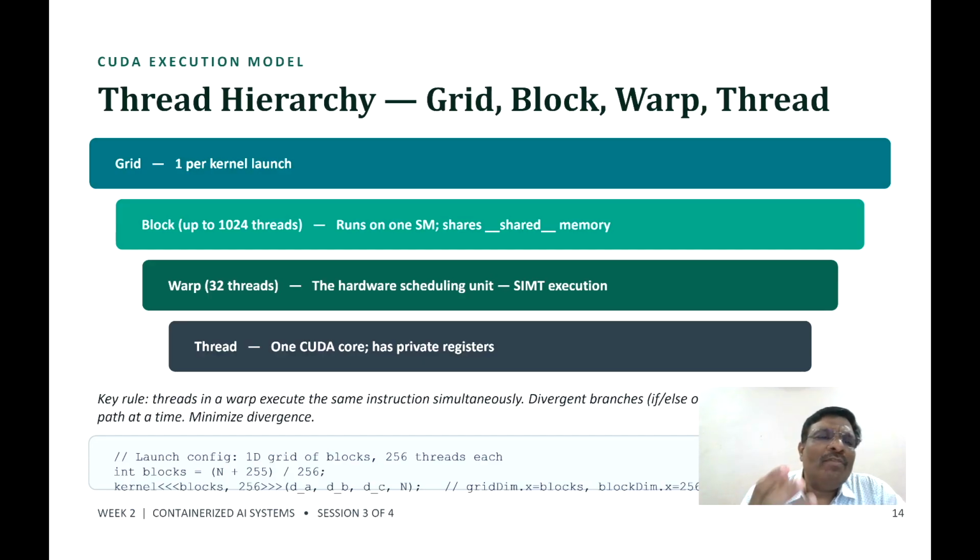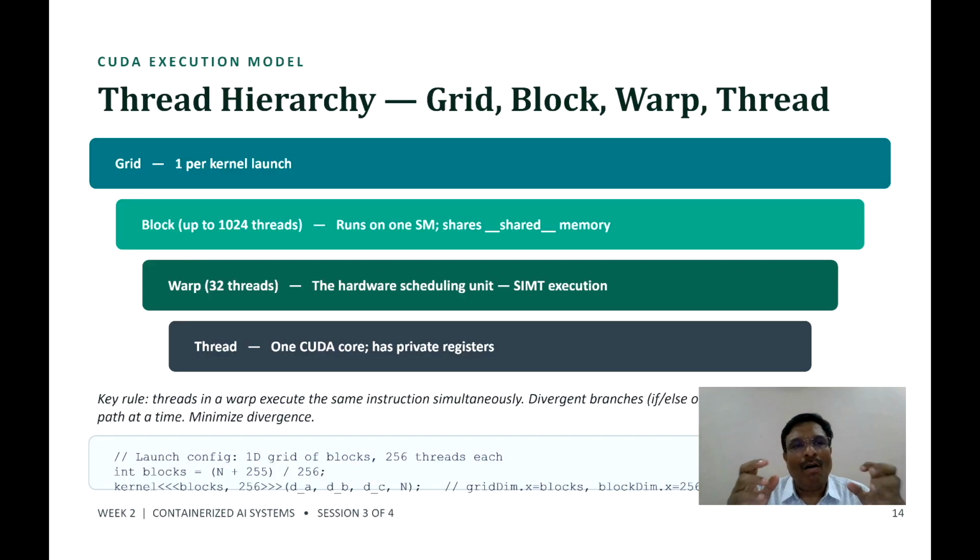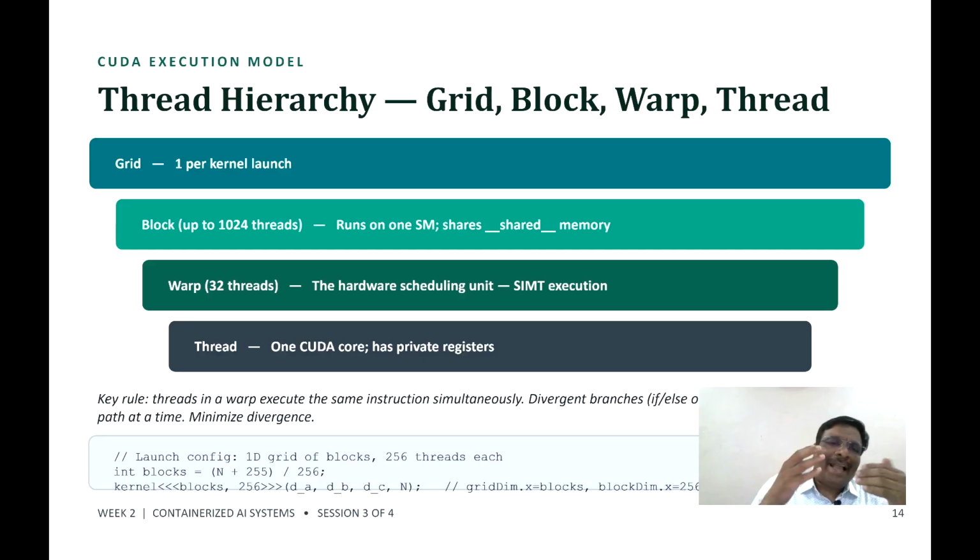Then a group of threads is a warp, which is 32 threads, and this is the basic idea of CUDA execution: SIMT execution, that is single instruction multiple thread execution, is actually done in groups of 32 threads. The hardware scheduling unit, the scheduler, schedules 32 threads as a warp.